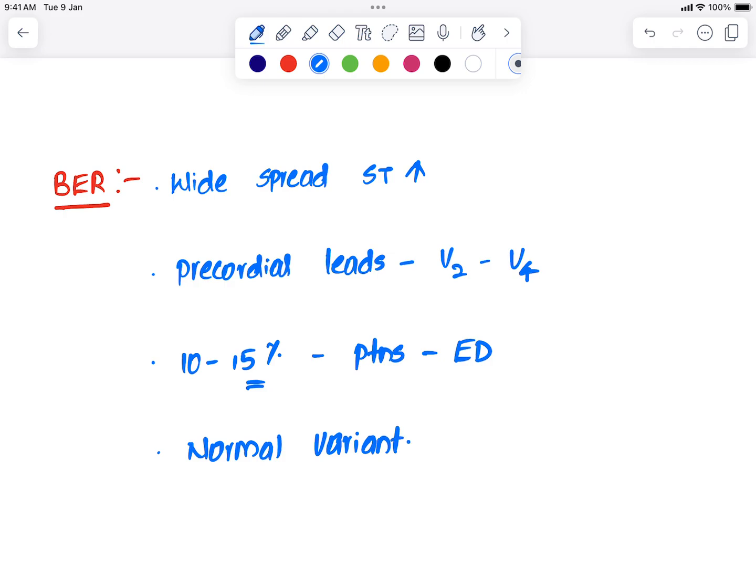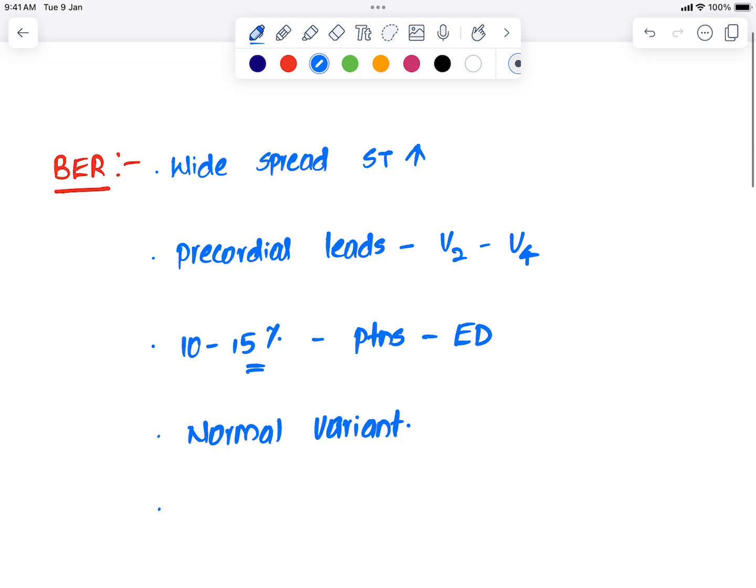It is not indicative of an underlying cardiac disease. And benign early repolarization is less common in over 50s. It is very common in young individuals of around 30 to 40 years, or 30 to less than 50 years.